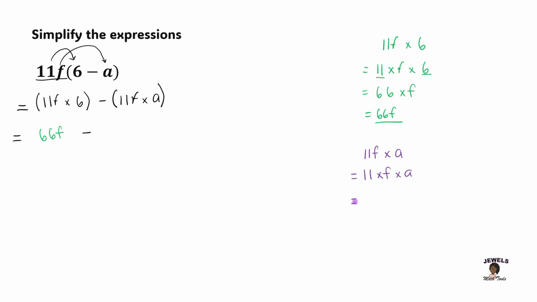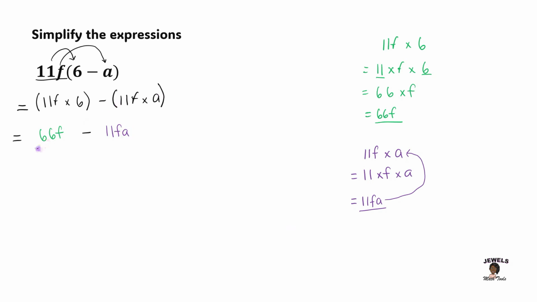And in this case, since we have three unlike terms being multiplied together, we're going to combine all three of these terms together to give us 11fa. And remember that 11fa means exactly the same as 11f being multiplied to a. So now let's return that back into our question.